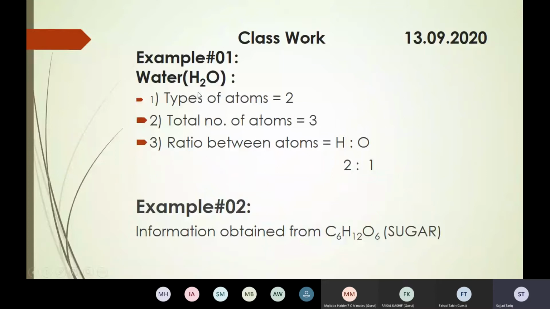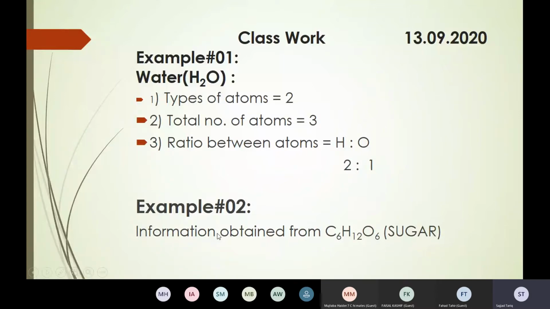So we already know that two kinds of atoms are there, hydrogen and oxygen. The first step is that we just mention their symbols. Capital H, ratio, capital O. Now look at there, hydrogen is 2, oxygen is 1. Clear?